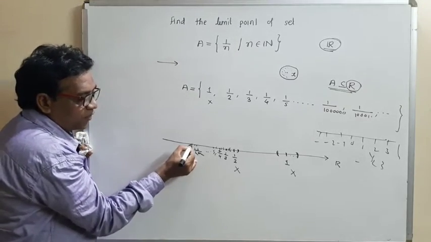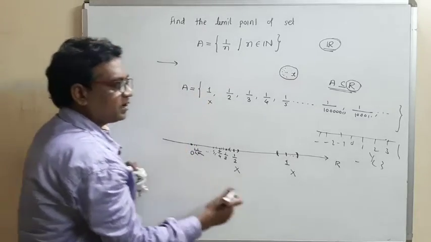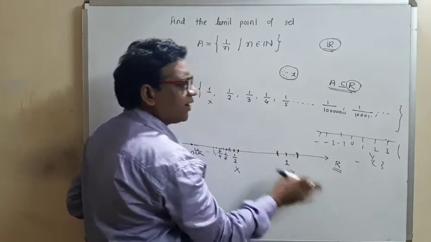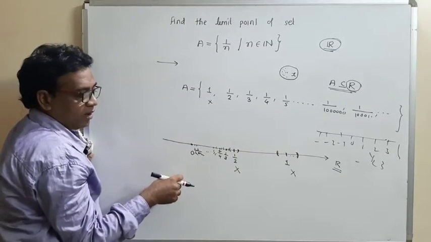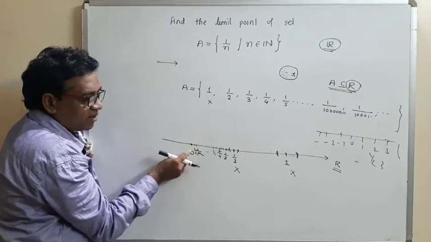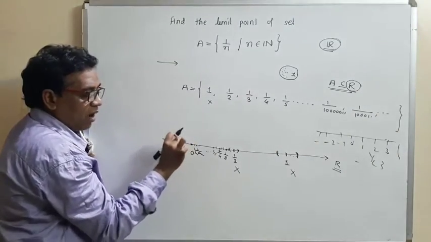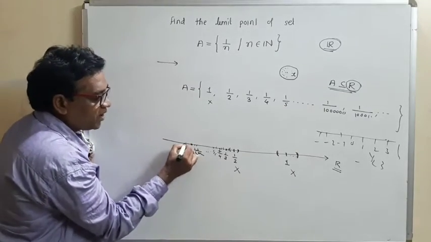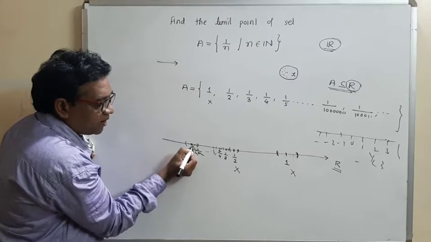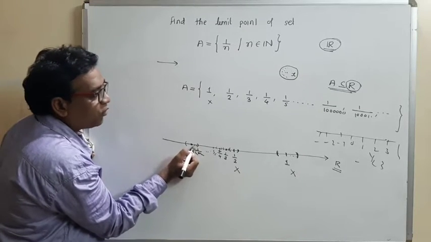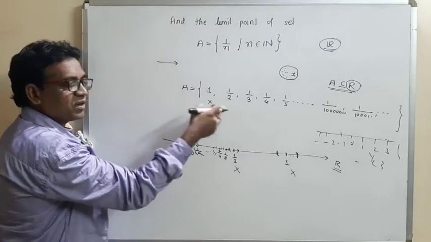Now if we take the point 0, it is not an element of the given set, but it is an element of the real numbers. We can take any real number. Now this 0 is the limit point of this set A. How to show that this is the limit point? If we consider this open sphere, it contains infinitely many points of A. What are the points of A?